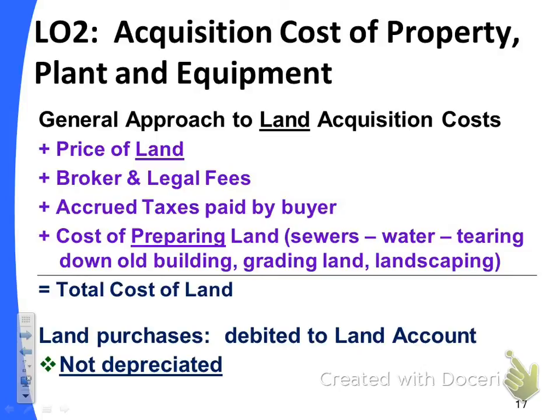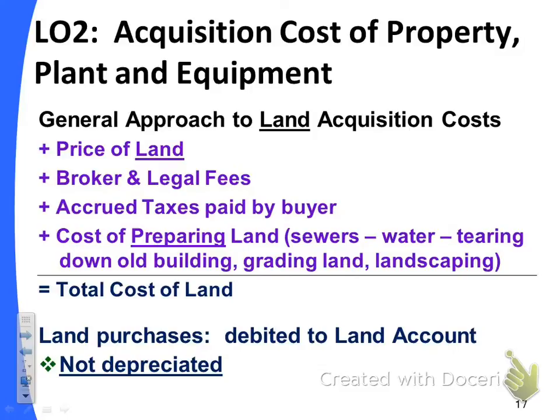If we're purchasing land, the land's cost is the actual price of the land, any broker's fees, and any taxes that we have to pay to the seller. Let's say we're buying a piece of land in September, and the seller paid the real estate taxes through December.